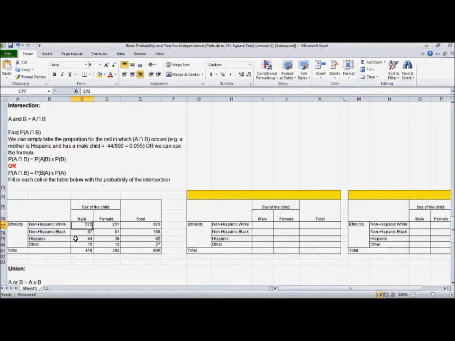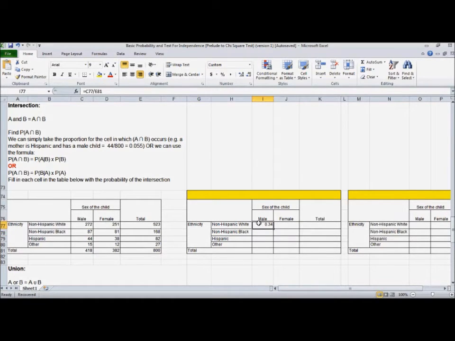You can simply look at the cell in which that occurred. A and B, meaning non-Hispanic white and male, this would be that intersection, 272. We simply take the proportion, 272 out of the total, 800, and we would get our probability of A and B, and that's how you would calculate intersection.